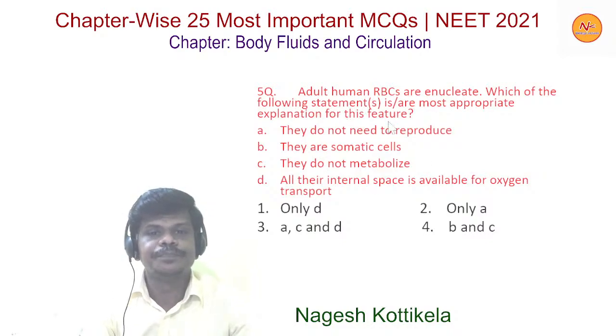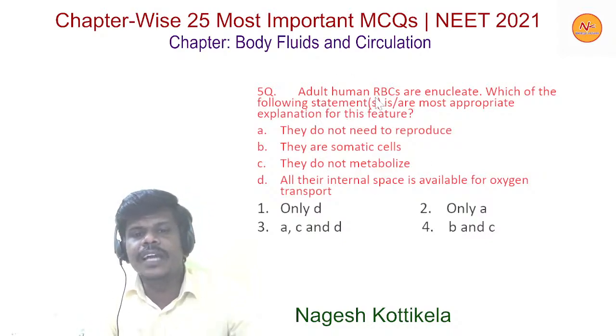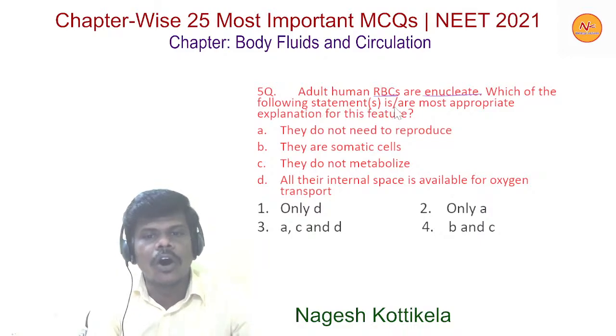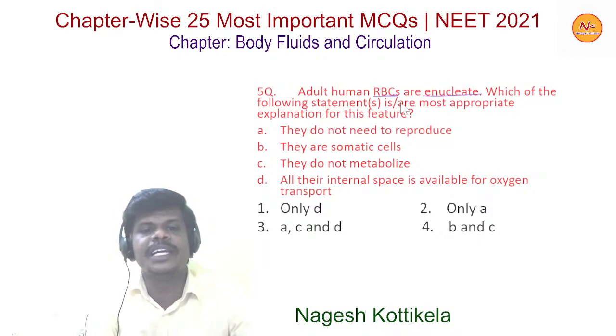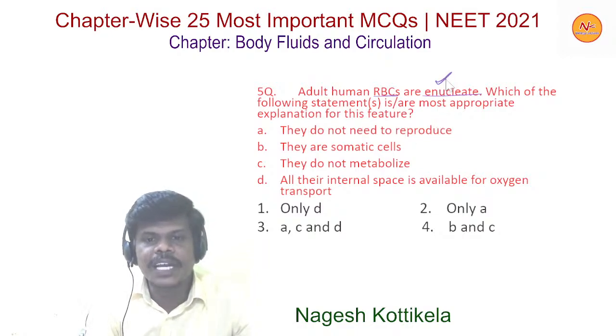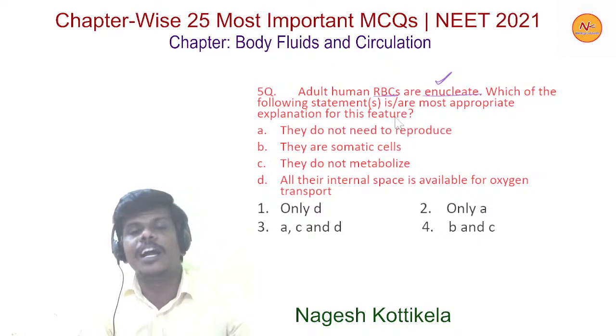Question number 5. Adult human RBCs are enucleated. Now which of the following statements is the most appropriate explanation for this feature? So what is the reason behind enucleated RBCs in adult human?